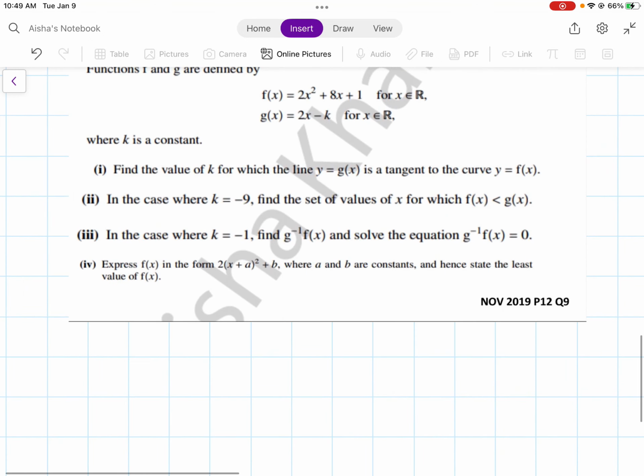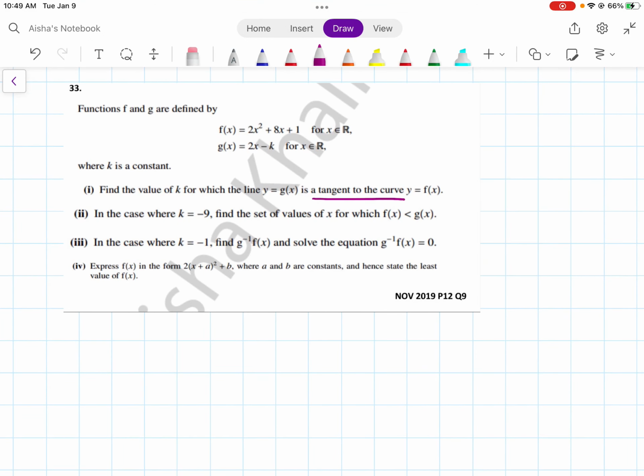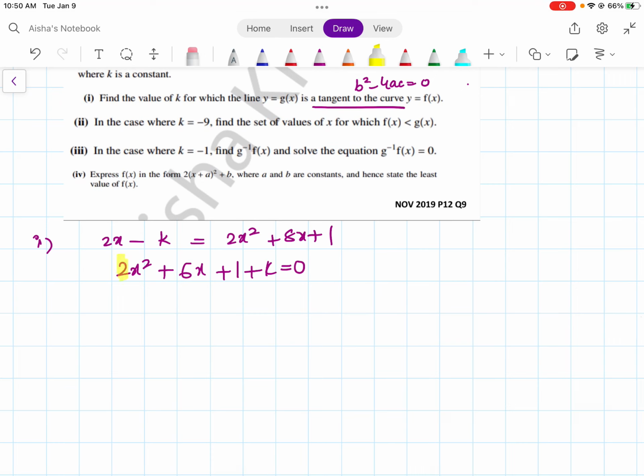Find the value of k for which the line g of x is tangent to the curve. Now, tangency means b square minus 4ac is equal to 0. Meaning 2x minus k is equals to... the value of a is 2, the value of b is 6, and the value of c is 1 plus k.